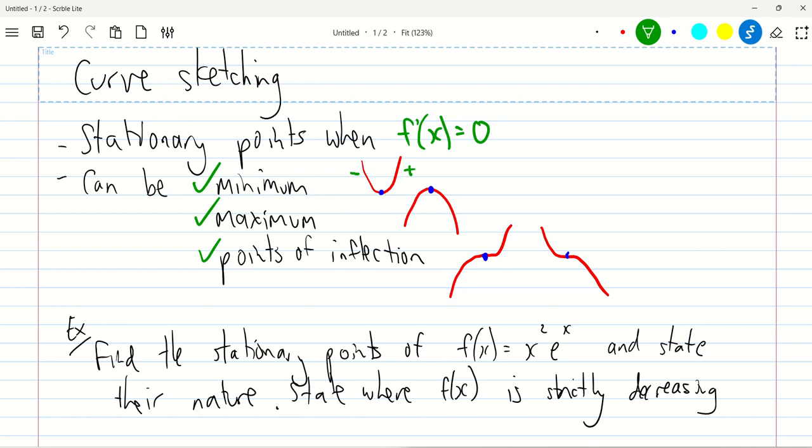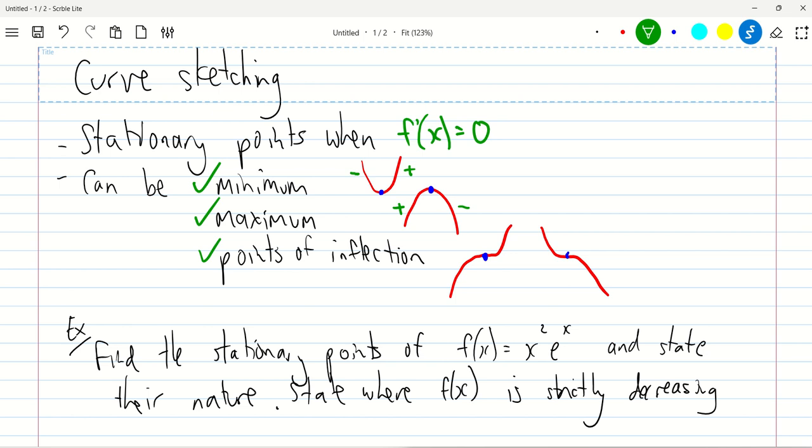If you think about walking from left to right, positive is going uphill and negative is going downhill. So for a minimum you've got a negative gradient to the left and a positive gradient to the right of it. A maximum is the opposite. You've got positive to the left and then negative gradients to the right. And that's what creates a maximum.